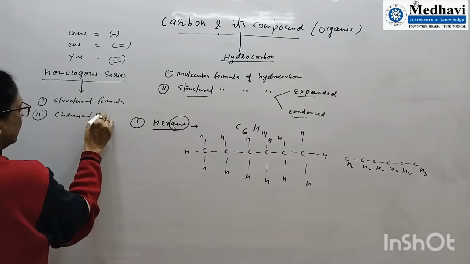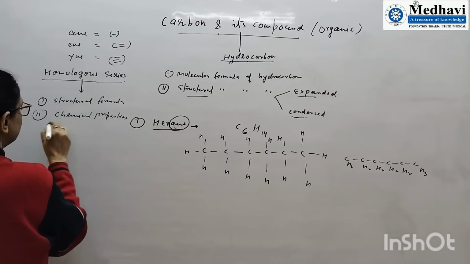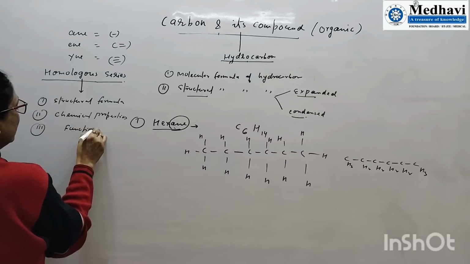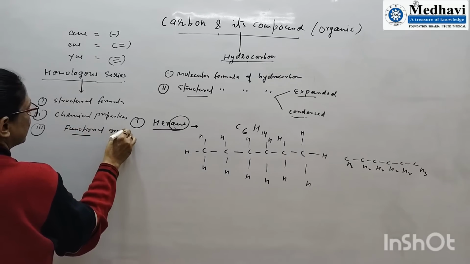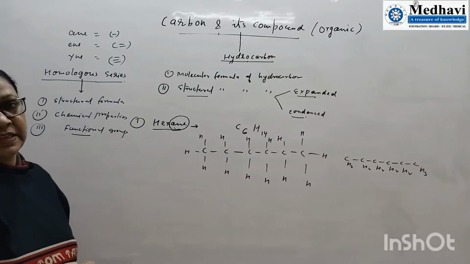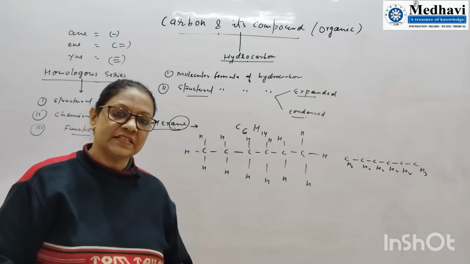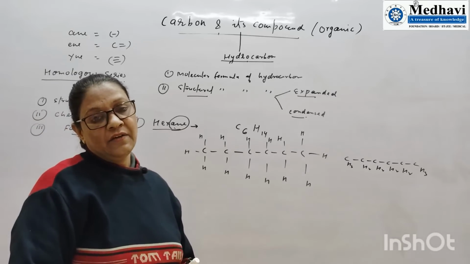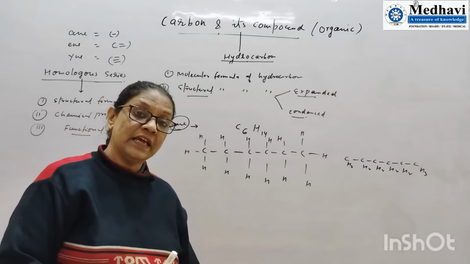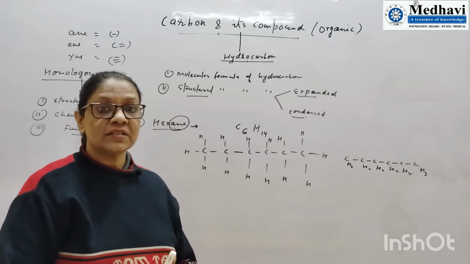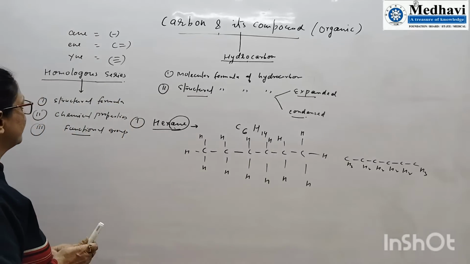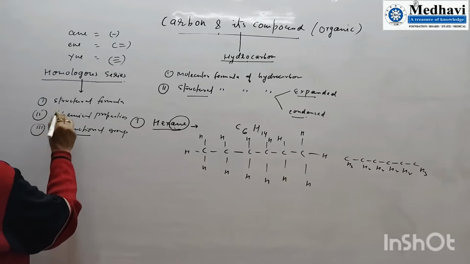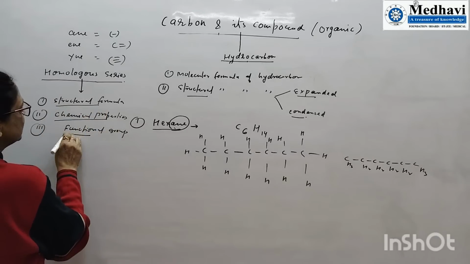One more point you can add: they have a common functional group, because homologous series is applied to the same functional group. We cannot compare the homologous series of alkane with alcohol, or alcohol with carboxylic acid. We need the same group. So a homologous series has a common structural formula, chemical properties, and common functional group.